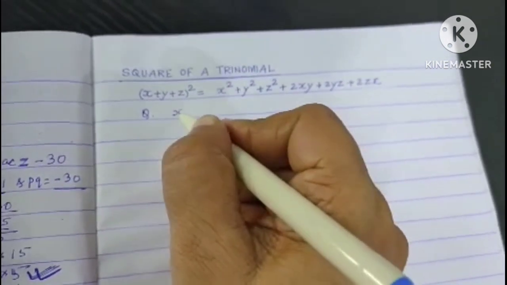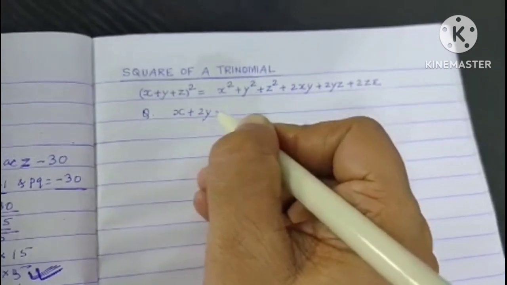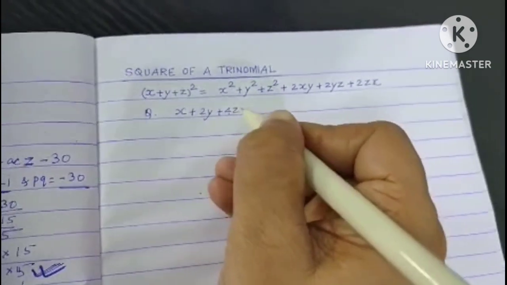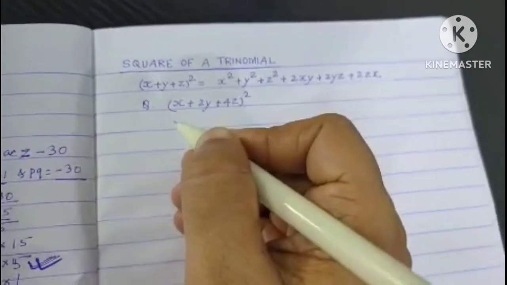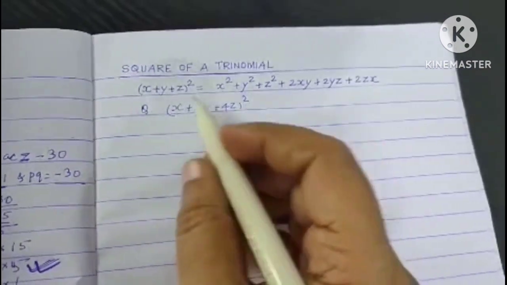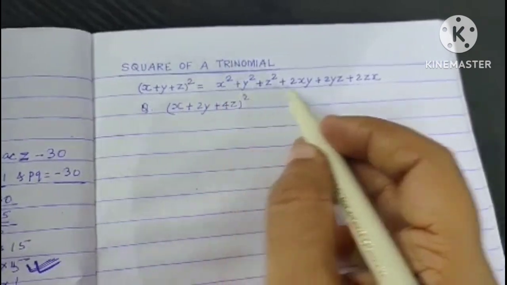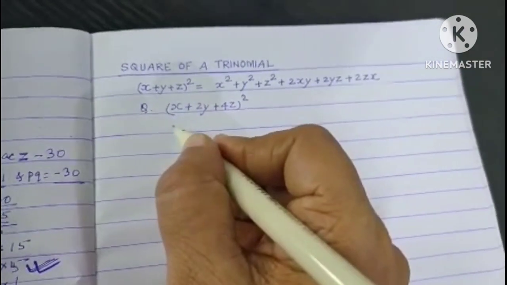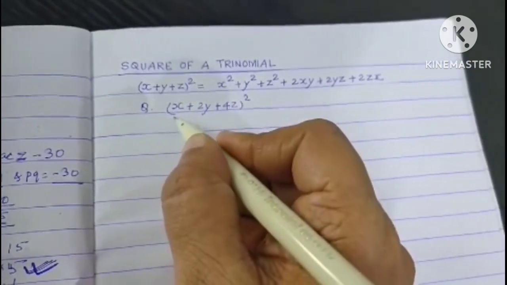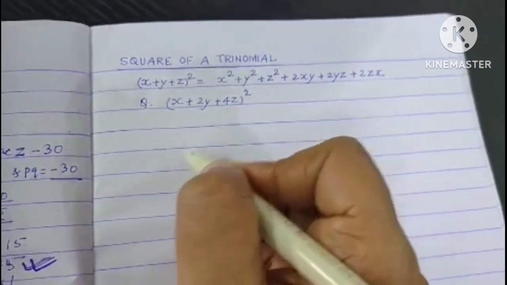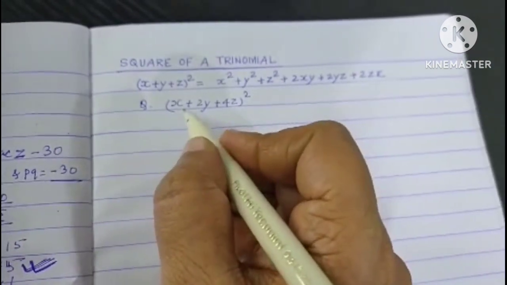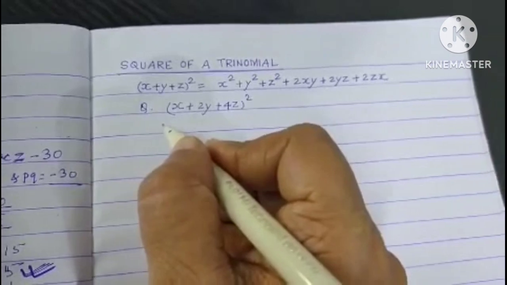Let us take the first one: (x + 2y + 4z) whole square. This is clearly based on the formula (x + y + z) whole square. Here we have x equal to x, y equal to 2y and z equal to 4z. So we will put this in the formula.